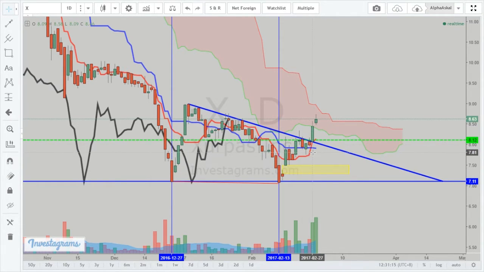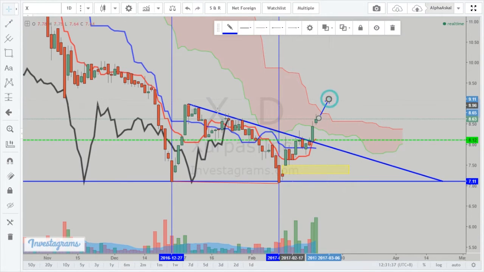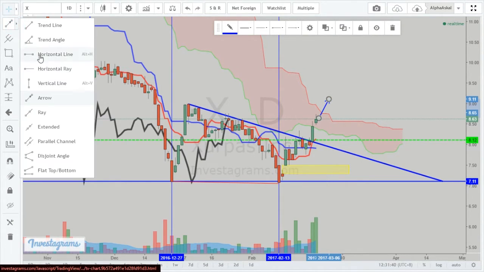But we also see a TK cross. So this is a reversal sign as well. We are on a bullish trend, and we are already trading above Kijun-sen, the blue one. What we are waiting for now is for price action to close outside Kumo and pass this second resistance.